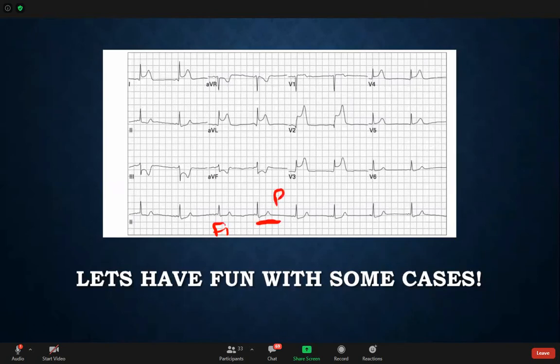Your PR interval is more than 200 milliseconds. Imagine this ECG: you have a P wave, then QRS, then T wave. If your PR interval is more than 200 milliseconds, this is first degree AV block.